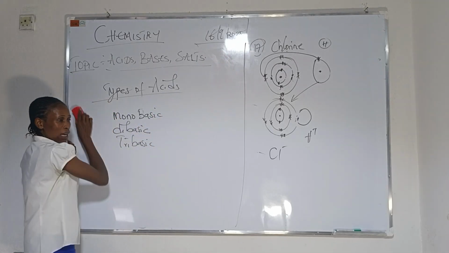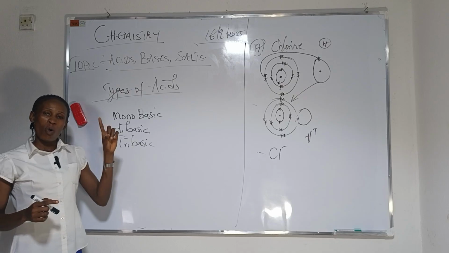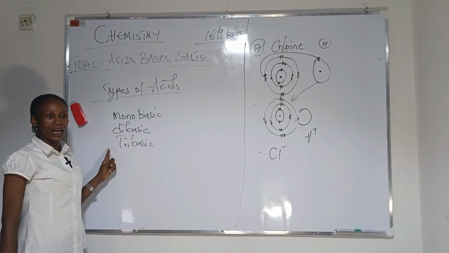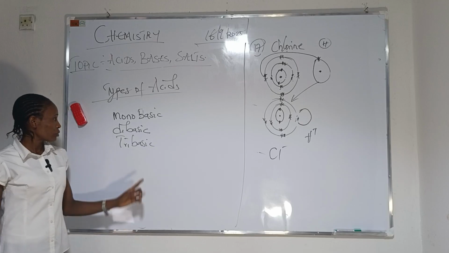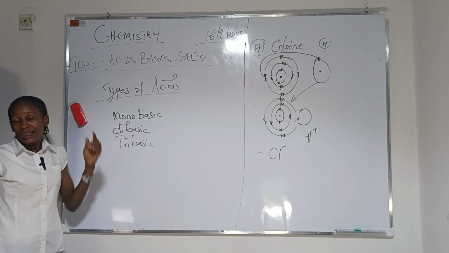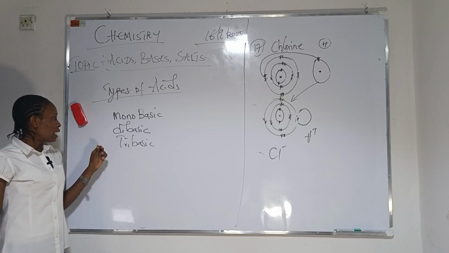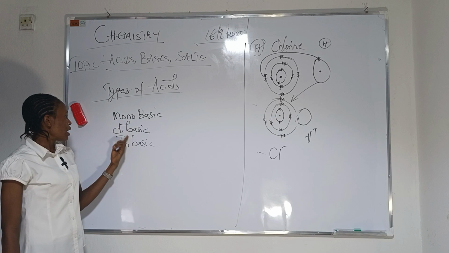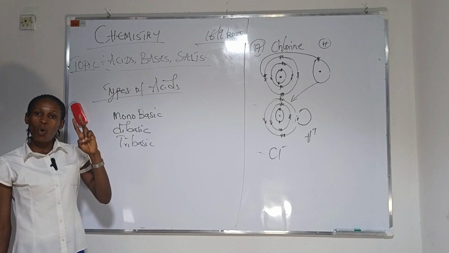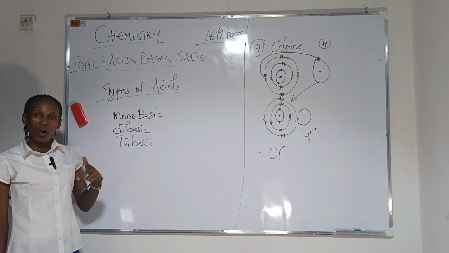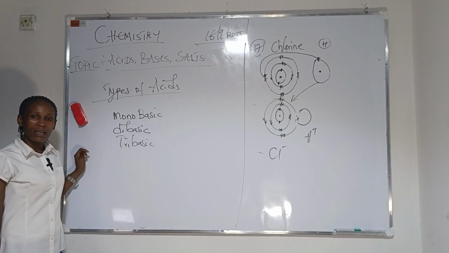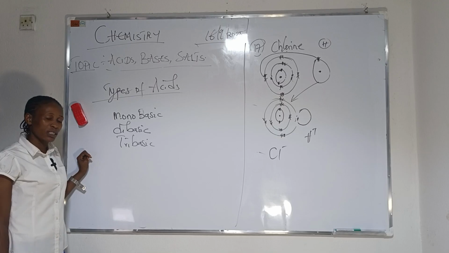Just like what I've given before, we have 1 as mono, 2 as di, and 3 as tri. Monobasic, dibasic, and tribasic. That means monobasic has 1 hydrogen ion. Dibasic has 2 hydrogen ions. Tribasic has 3 hydrogen ions.